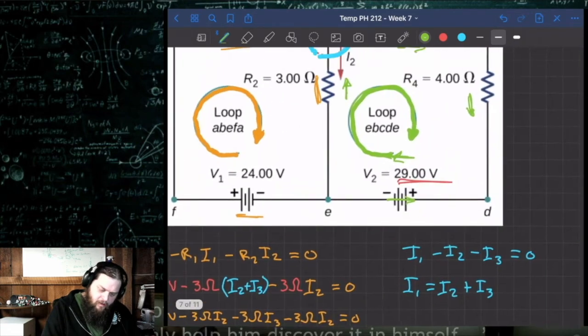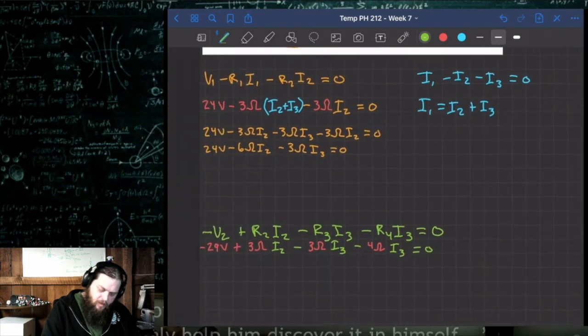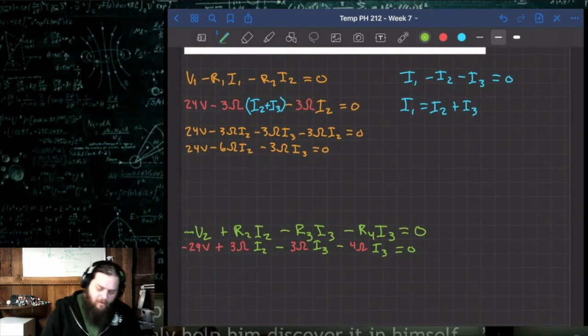minus R4, which is 4 ohms, times I3 is equal to 0. We can combine the I3 terms. There's 2 of them, so it would be negative 7 ohms there. And we're going to move that to one side of the equation.